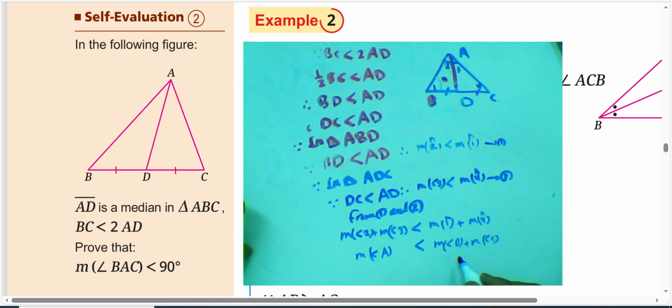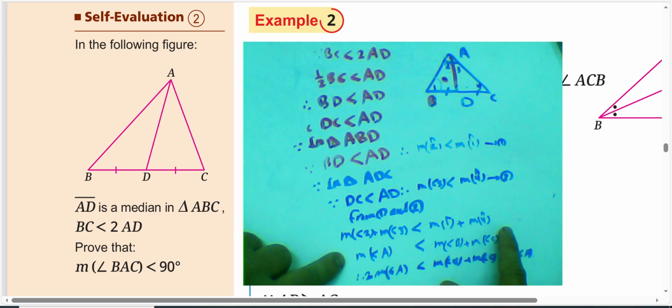Okay, if we add angle A to left hand side and right hand side, then twice the measure of angle A is less than the measure of angle B plus the measure of angle C plus the measure of angle A. What do I do here? Who can tell me? I add angle A and angle A. Why?